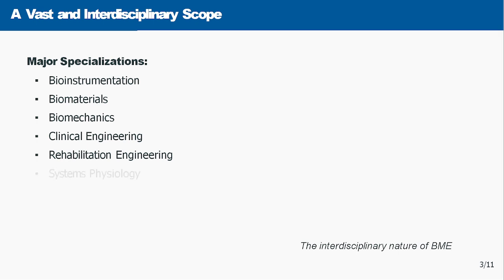So next one is also system physiology. There are many physiological activities going on inside our body. System physiology describes the aspect of biomedical engineering in which engineering strategy, techniques and tools are used to gain a comprehensive and integrated understanding of the function of a living organism, ranging from bacteria to human.